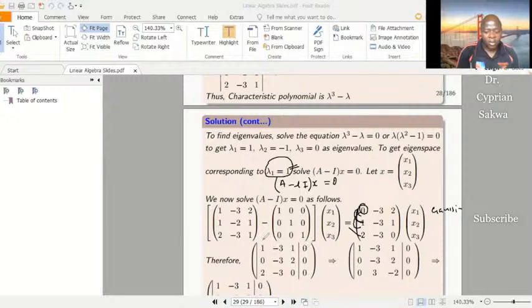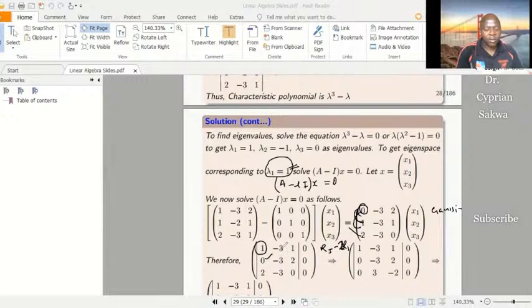So this is what I did. And then I use now this element here to create zeros below it. There's already a 0 here, so I only need to create a 0. So how did I create a 0 there? I took row 3 minus 2 row 1. So this times 2, from this I have here.